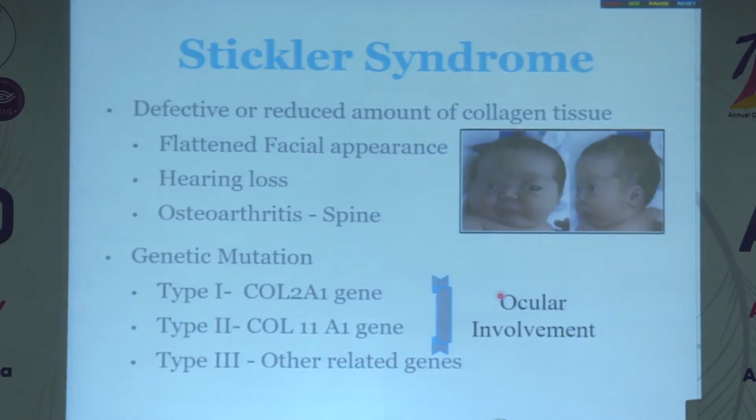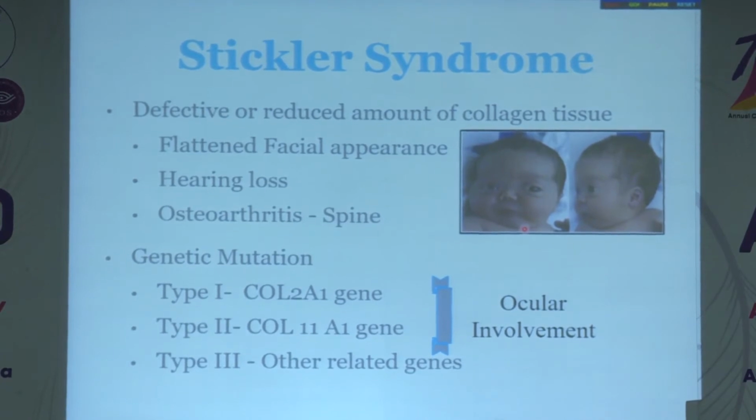There are many syndromes which are associated with myopia. The first again in the list is Stickler Syndrome, which is partly covered by Dr. Murli. I'll just touch upon it again. It's basically a collagen tissue disorder where there is a defective or reduced amount of collagen tissue formation. There are typical features that the mid face is flat because the development of the bones in the mid face is flat.